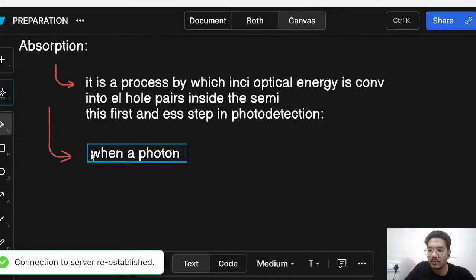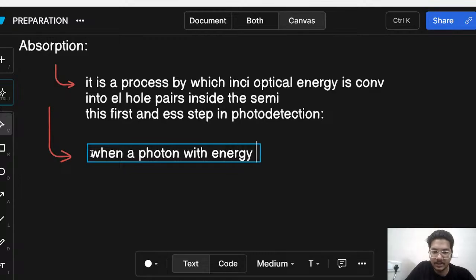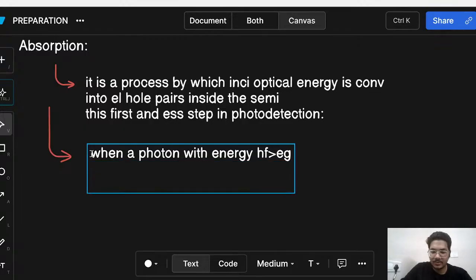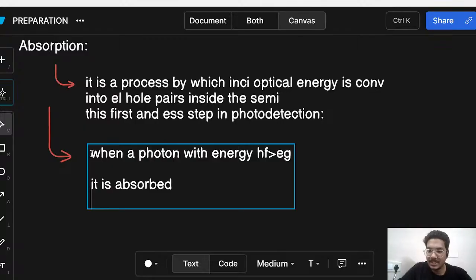When a photon with energy hf greater than Eg, that is the band gap, enters the semiconductor, it is absorbed and excites the electron, moving it from the valence band to the conduction band.